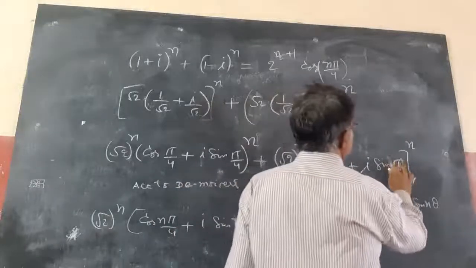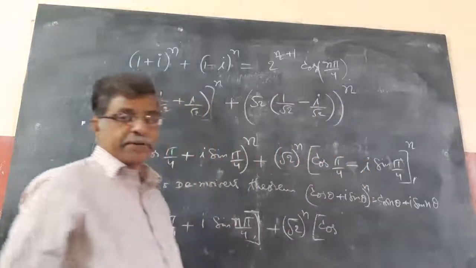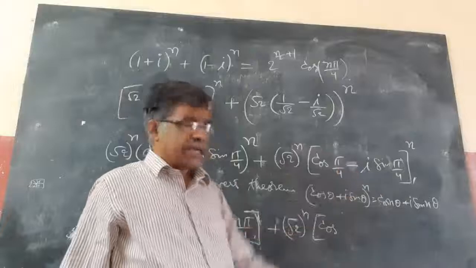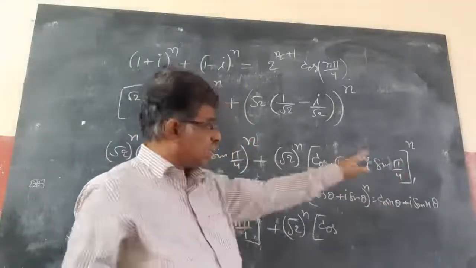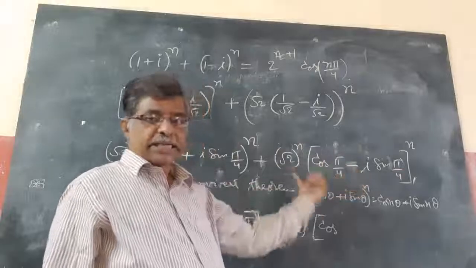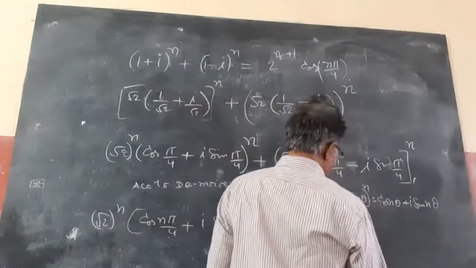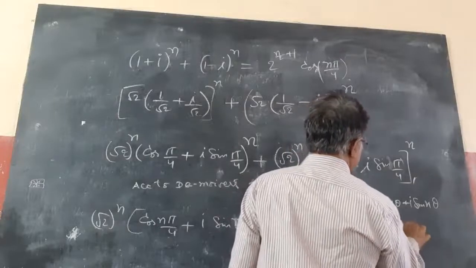So that's why I want to write it as minus here itself. So minus pi by 4 doesn't matter. Now this is cos pi by 4 minus i sin pi by 4. De Moivre's theorem tells that it is plus or minus. You will get here also plus or minus cos n theta plus i sin n theta. So cos n pi by 4 minus i sin n pi by 4.